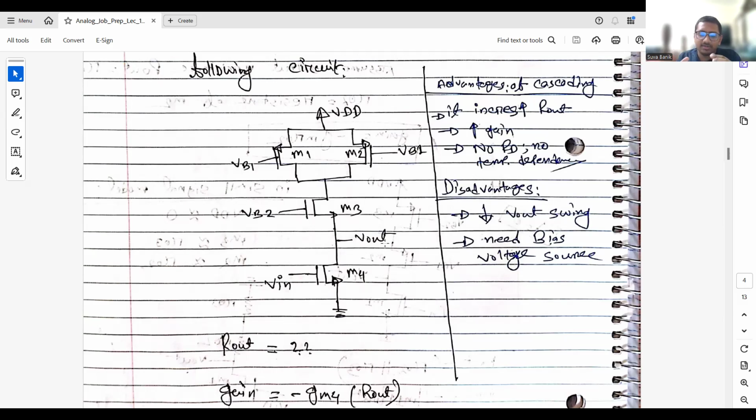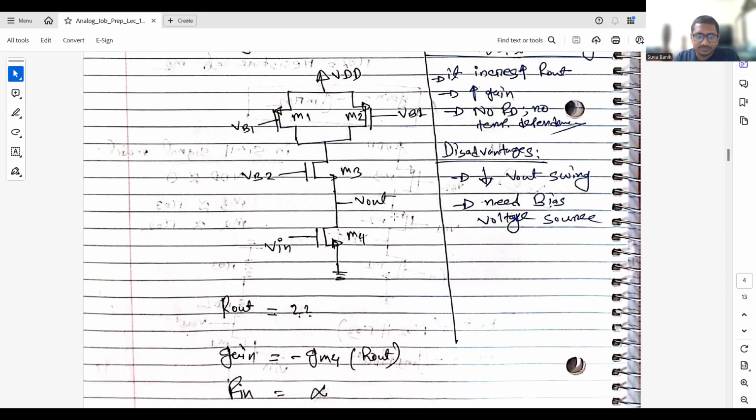This gain is called the intrinsic gain of a common source amplifier. This is also an important question. Sometimes in interviews they may ask you what the intrinsic gain of a common source amplifier is.